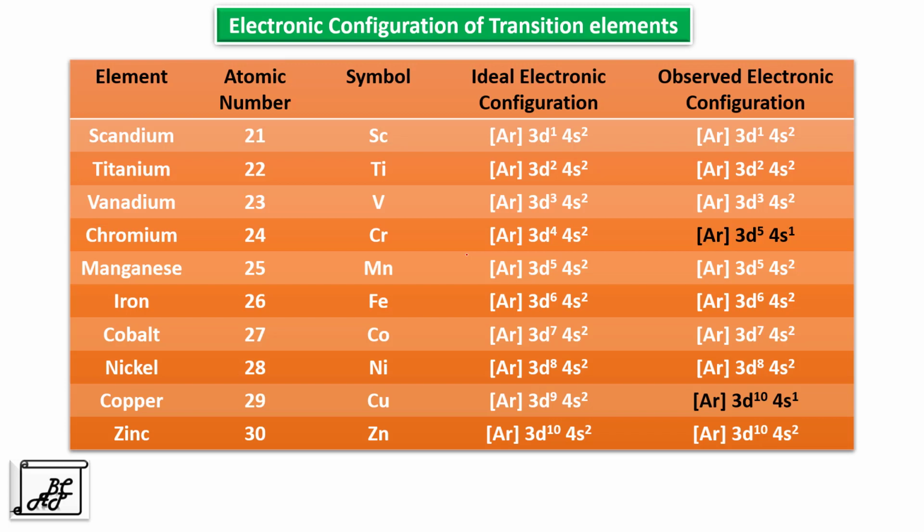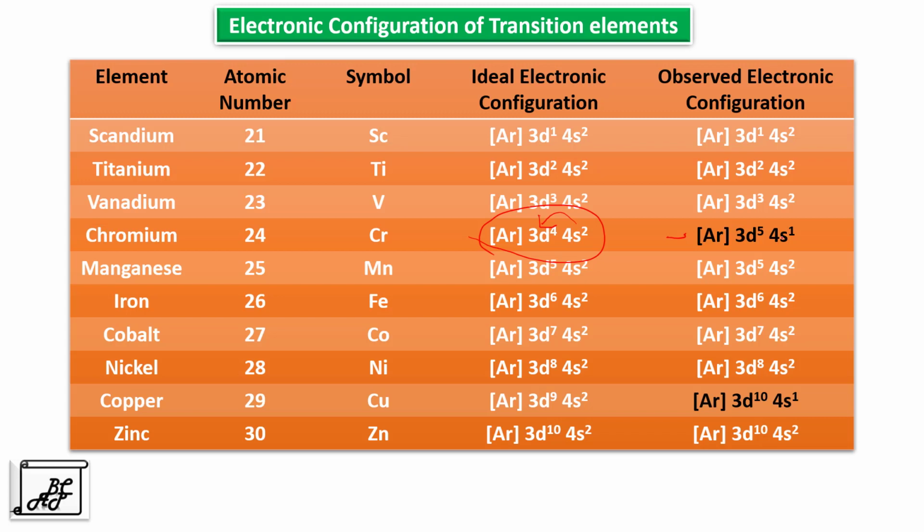But in case of chromium, the ideal electronic configuration is argon 3d4 4s2. As 3d4 is nearest to the half-filled configuration, there is a transfer of electron from 4s to 3d orbital and it gives argon 3d5 4s1. So in order to acquire higher stability by achieving the half-filled electronic configuration, there is a transfer of electron from the 4s orbital to the 3d orbital.